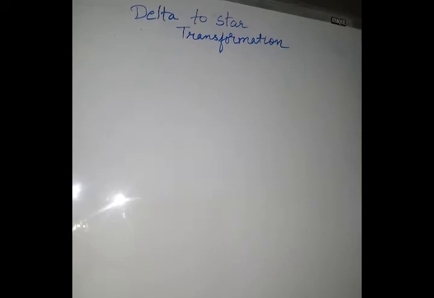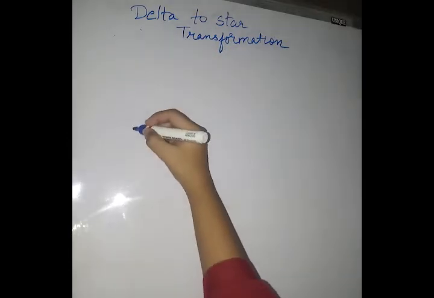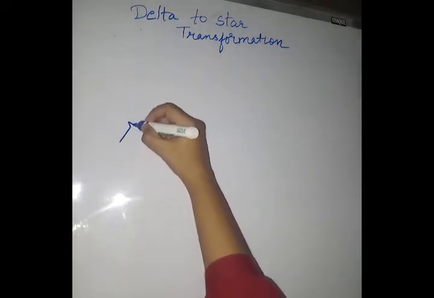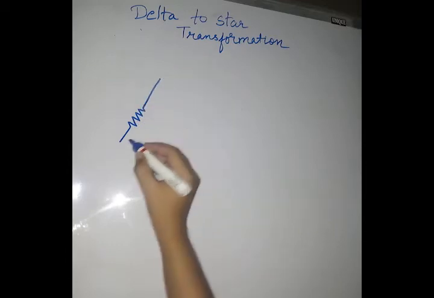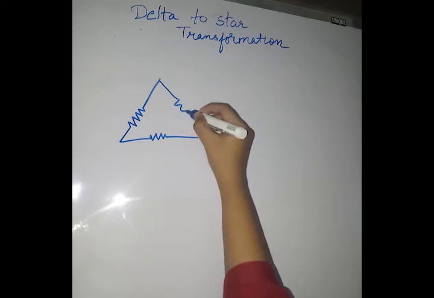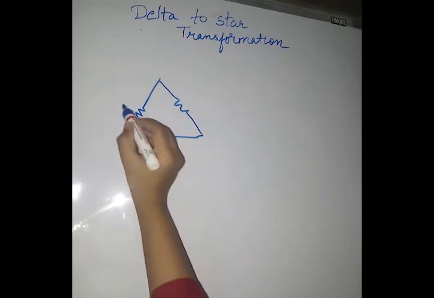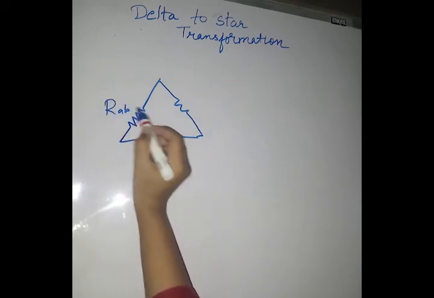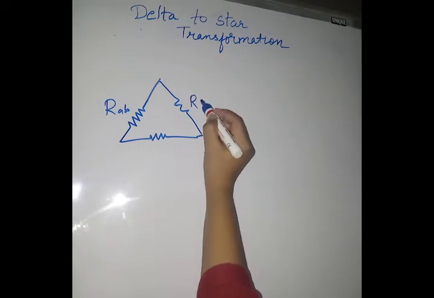First I'll show a trick to memorize the formula, then after I'll derive delta to star transformation. Okay, so how delta connection looks like is like this. It is in shape of delta, that's why it is called delta.